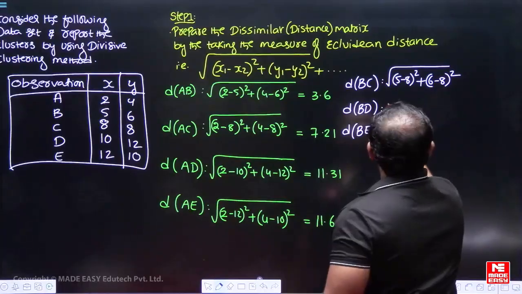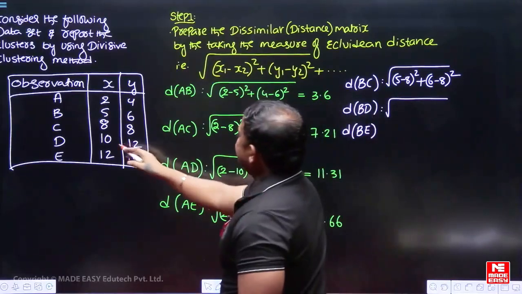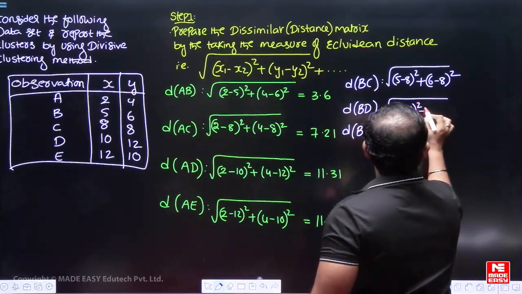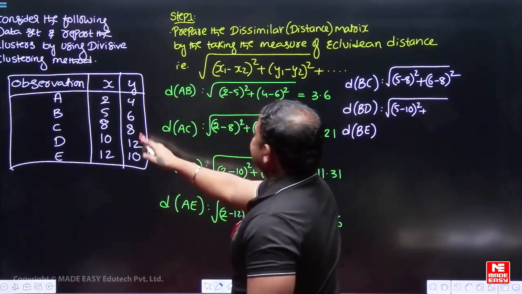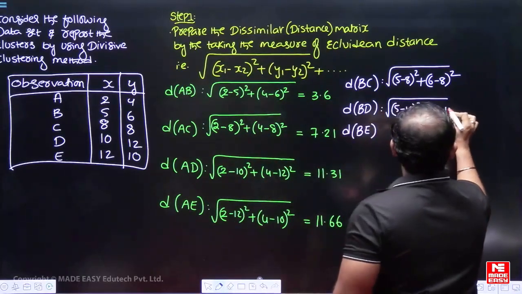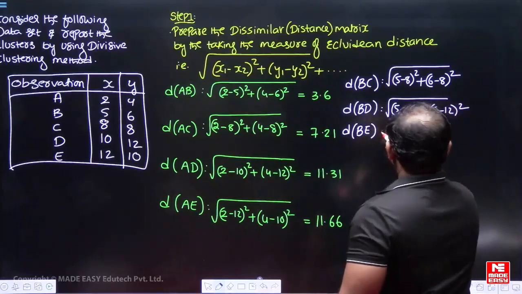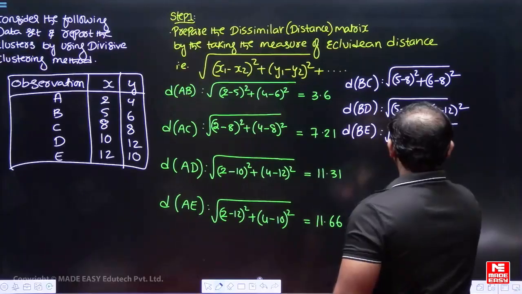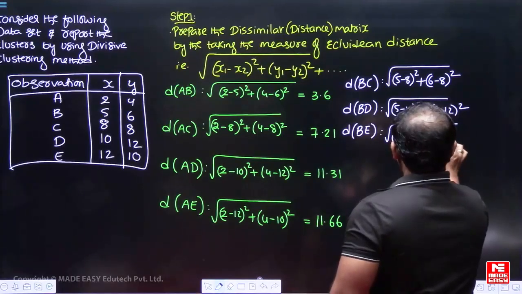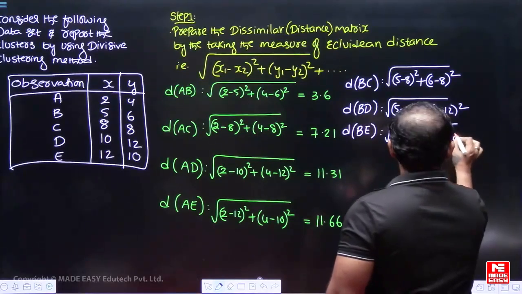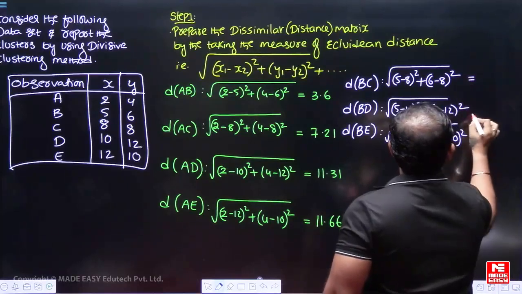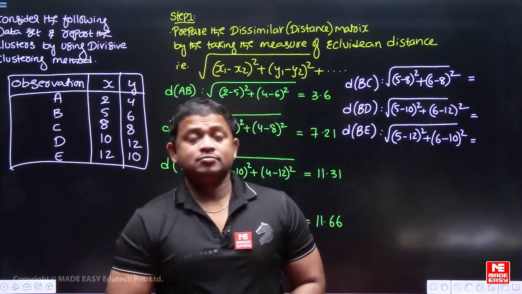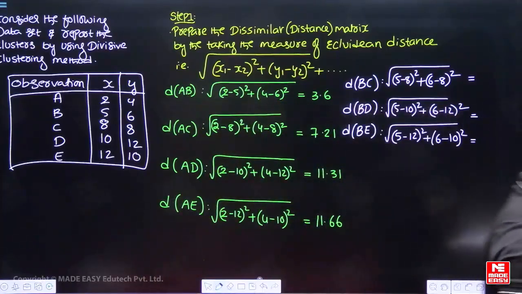Calculate that. Next, square root of 5 minus 10 whole square plus 6 minus 12 whole square. Next, BE: 5 minus 12 whole square plus 6 minus 10 whole square. So report the values. All of you, please calculate that.